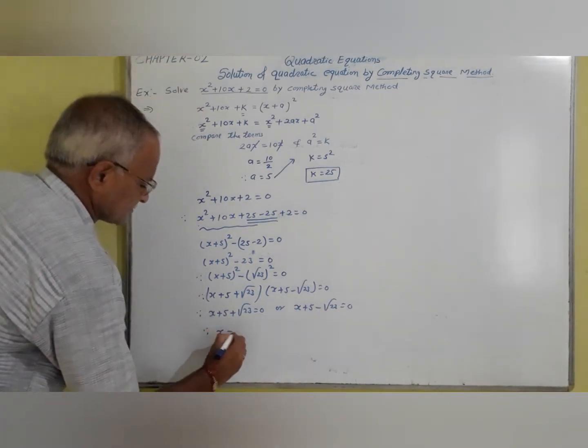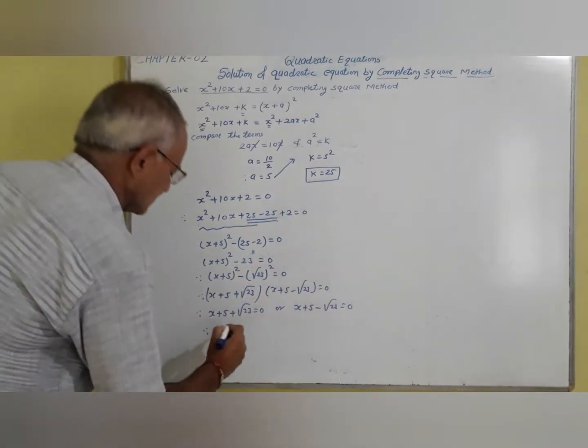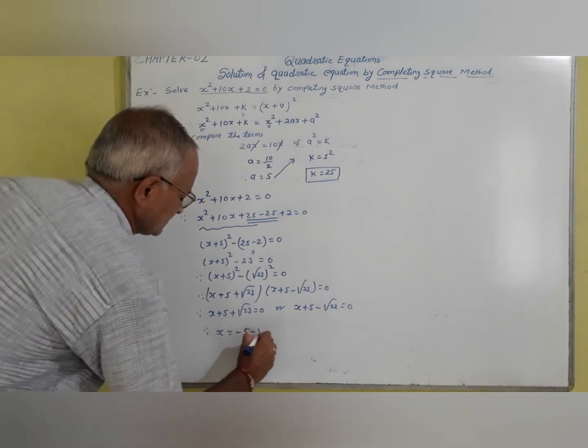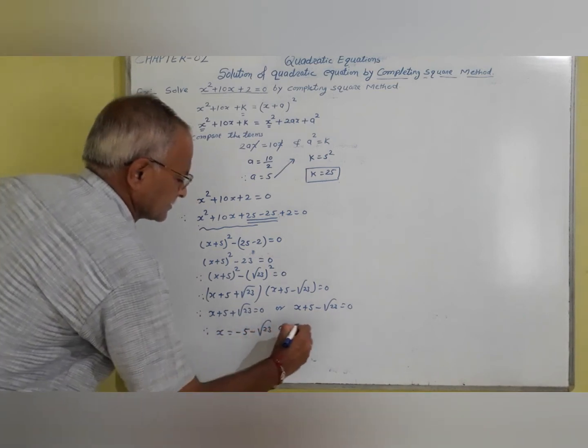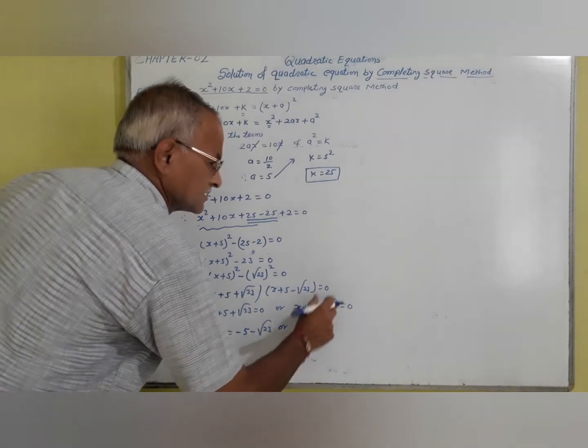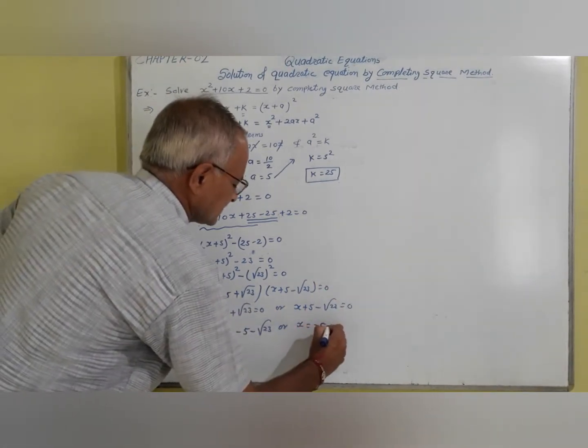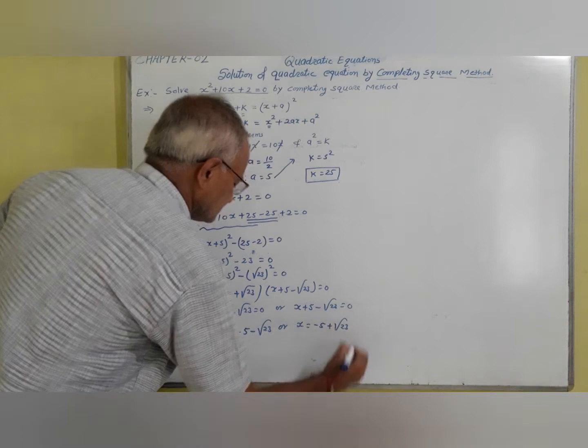Therefore, x is equal to, now this 5 is taken to the right side, it becomes minus 5 minus square root of 23, or x is equal to minus 5 plus square root of 23.